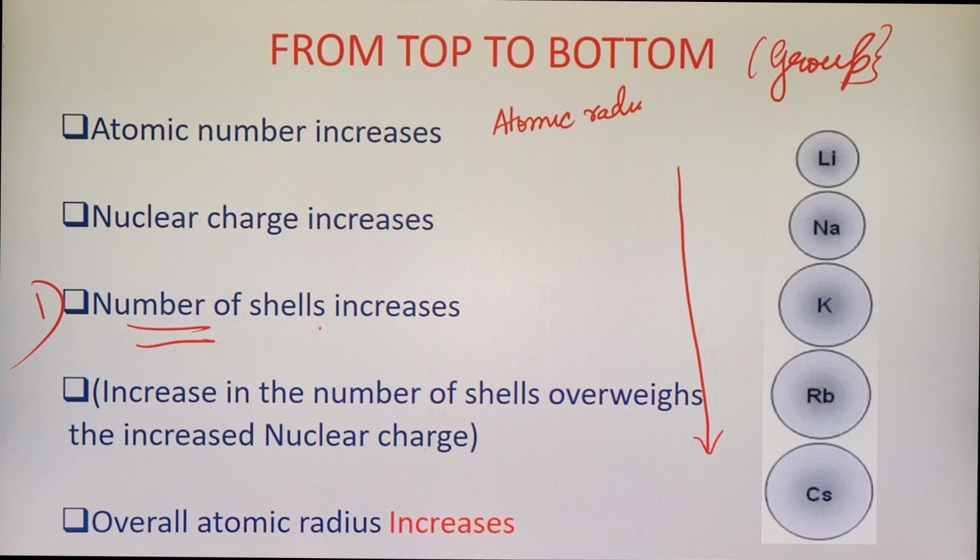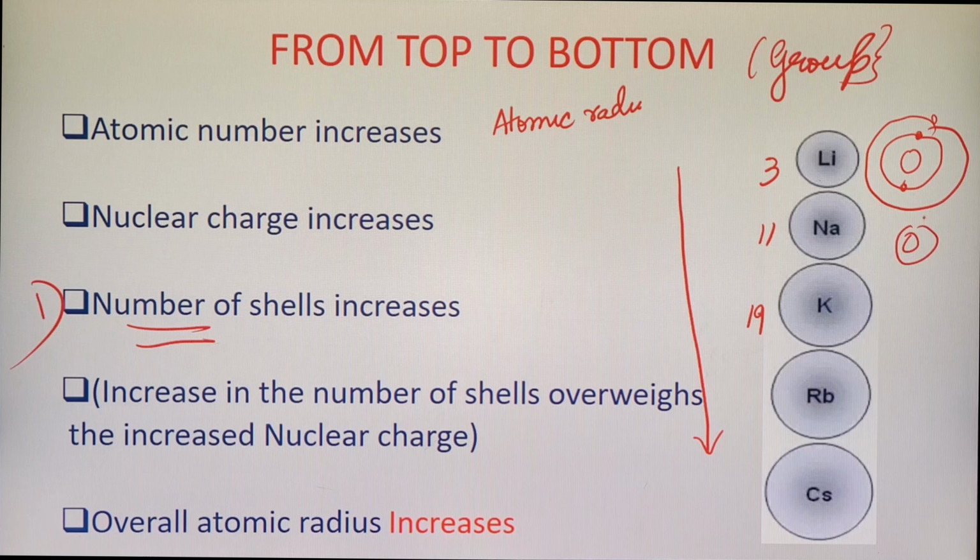So what happens to the number of shells, children? We know lithium has an atomic number of 3, sodium has 11, potassium has 19. So how many shells will be here, children? Lithium has 2 shells, sodium will have 3 shells, and for potassium it will be 4 shells.